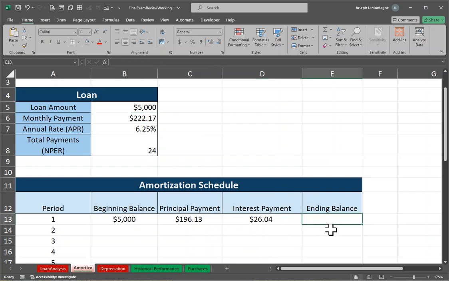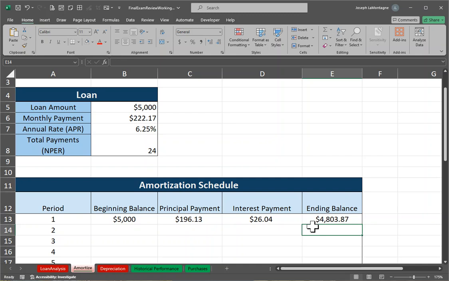Now the ending balance is going to be our beginning balance minus the amount that went to principal, and that's all we're subtracting, and we'll just hit enter. And so now after that first payment, basically we owe $4,803.87.